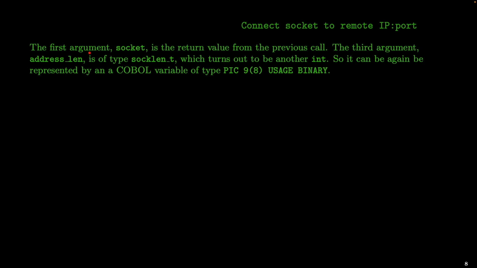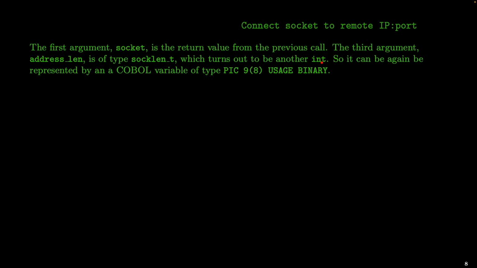Now the first argument in this connect call is socket. So this was just the return value from the previous socket call, and we will just reuse that here. The third argument, address length, is of type sock_length. And if you dig a little bit through the source code of whatever Unix or Linux you're using, you will find out that this is just another integer.